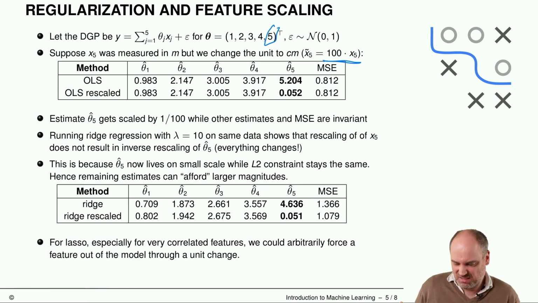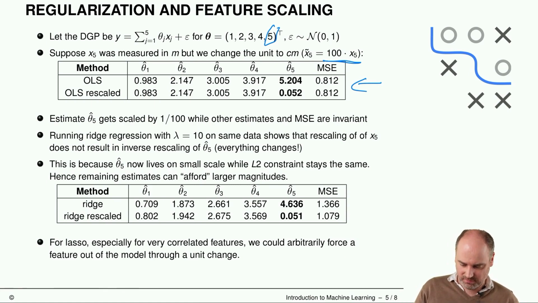But I guess structure in the data doesn't really change by just going to a different unit, right? Here you can now see what happens with the OLS estimators for the unscaled data and for the rescaled data. And here with rescaled is this unit change, right? I don't mean standardization. So what happens?